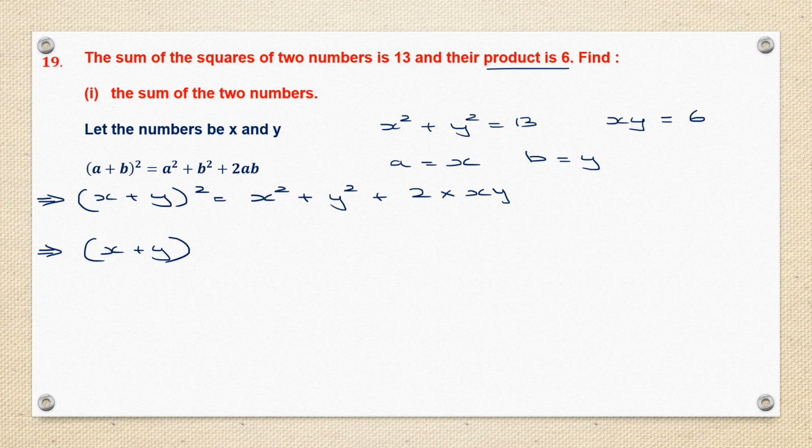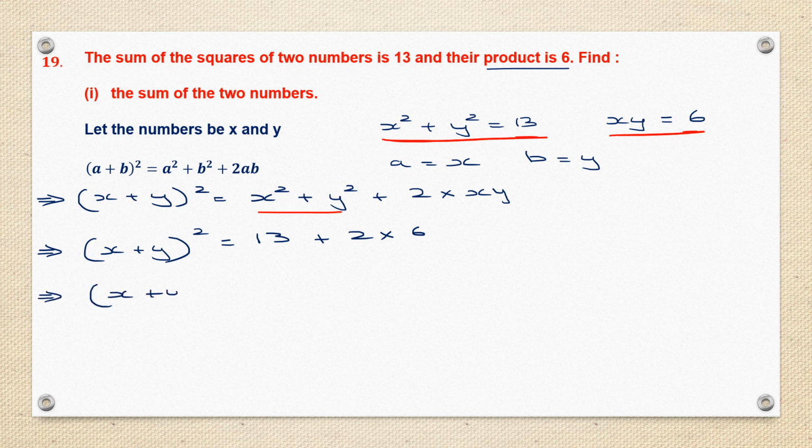Now here x square plus y square we already know, so that is 13, and xy also we already know is 6. So 2 into 6. So x plus y the whole square is equal to 13 plus 2 sixes are 12. So x plus y the whole square is 25.